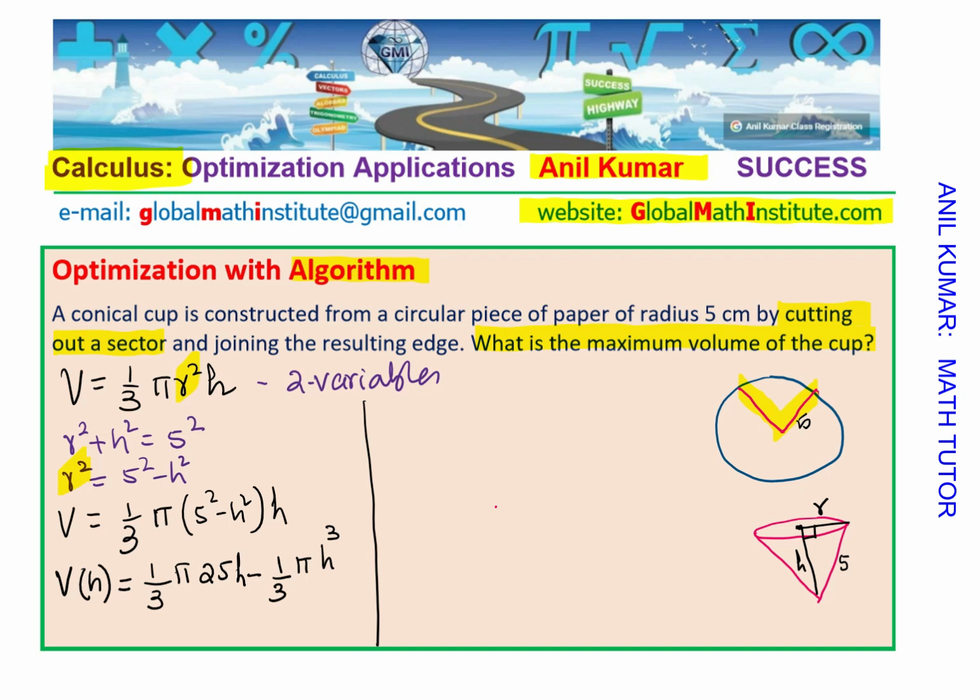So let me rewrite this expression. The volume as a function of height is, we can rewrite this as 25 pi by 3 h minus 1/3 pi h cube. So that is a very critical step, writing a function to work with, and that too in one variable. So do you see this now? Now this is in one variable.